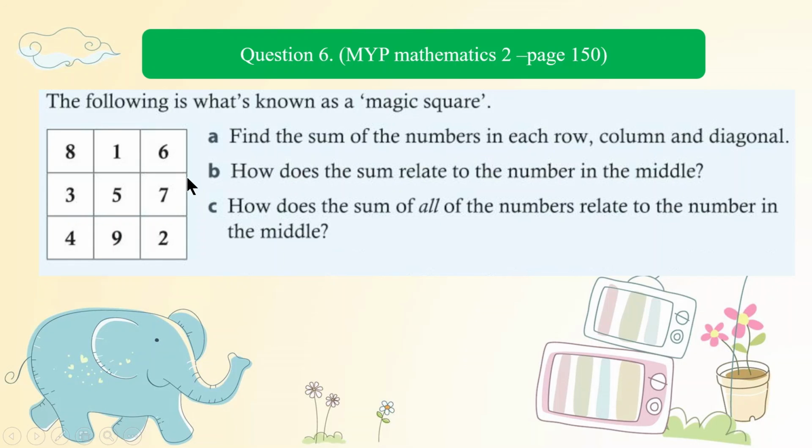After that, how does the sum relate to the number in the middle? The number in the middle is 5. See how the sum of the numbers relates to the number in the middle. You can discuss with your friends and then put a comment below to show me the answer.